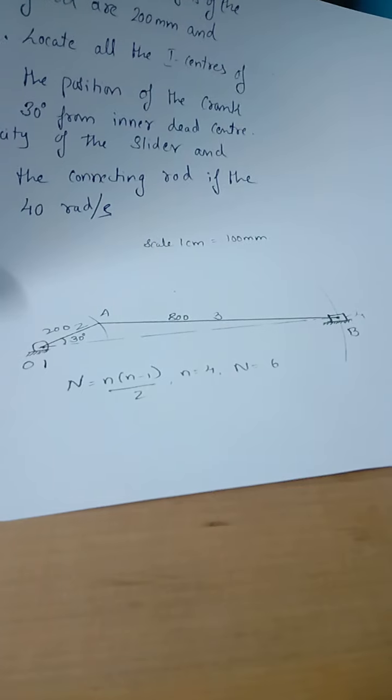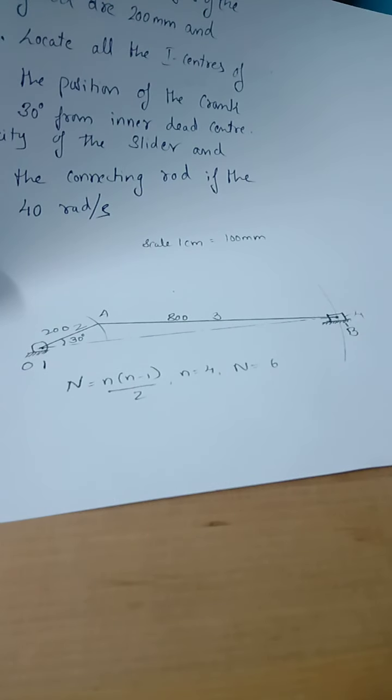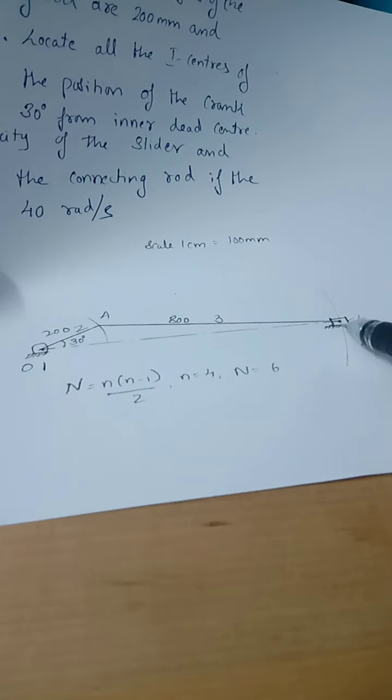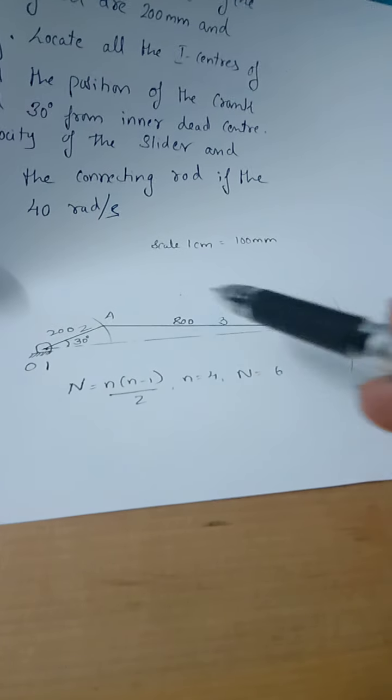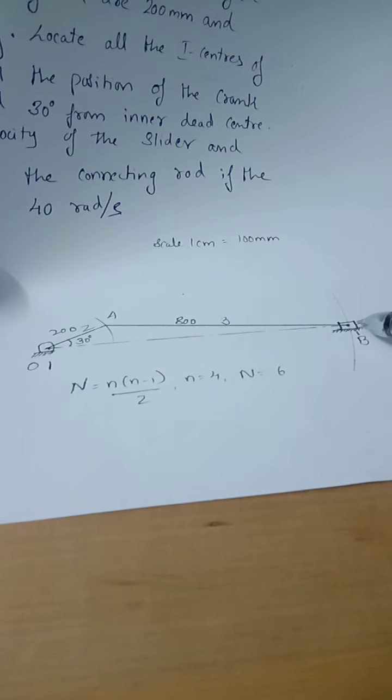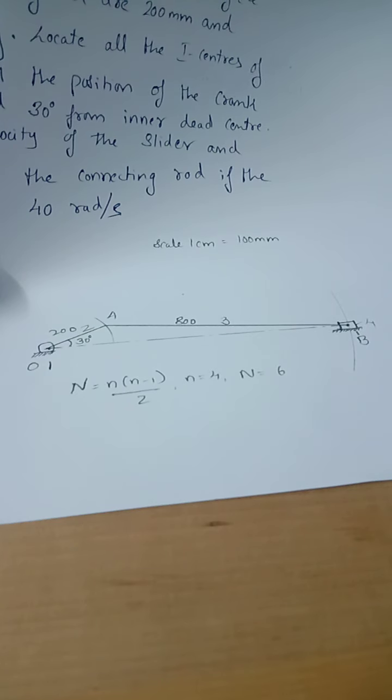And this is again a fixed link, 1 and 1 only. Here also the slider is constrained, so this constraint is also 1 only, that is nothing but the frame. Slider is link number 4.